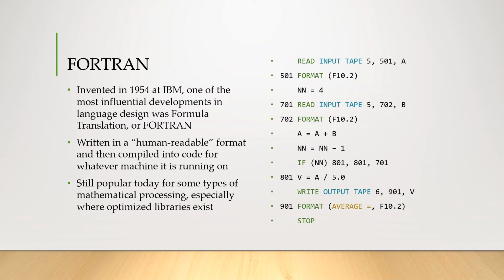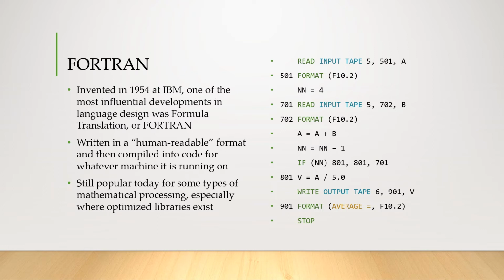And you fed the cards into a card reader in the computer, which would then analyze your program. You could give it more input values as punch cards, or you could put the input on digital tape, such as is reading here. This is writing to an output tape.